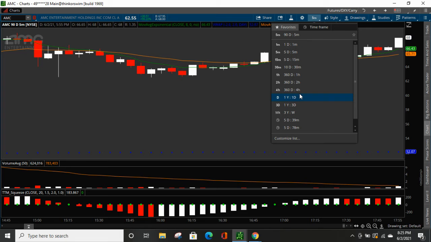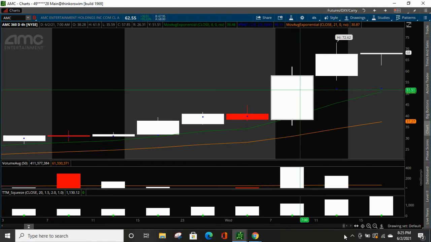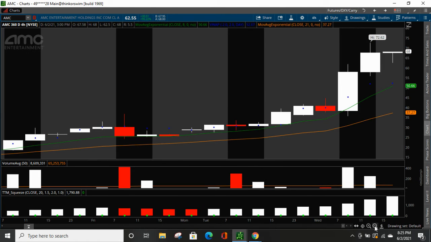So we can go down to the 4-hour, and you could have possibly had an entry here off of that 8 exponential moving average. Typically, if a stock is going to have a strong move, you can play that 8 exponential, or the smallest moving average you are charting, and it should hold that.